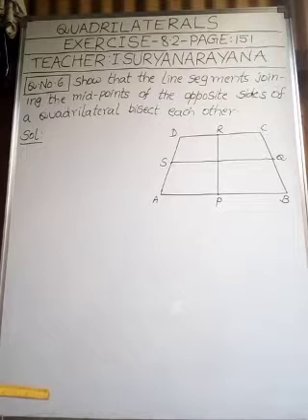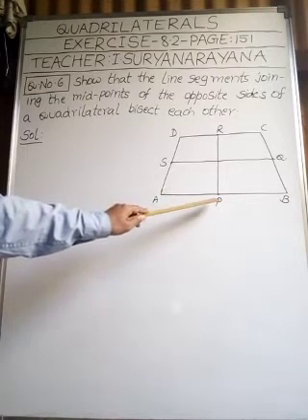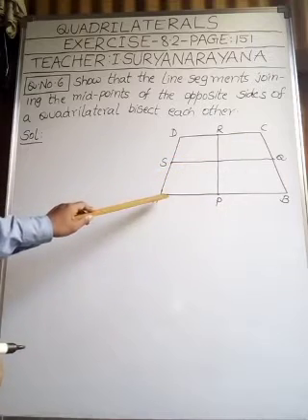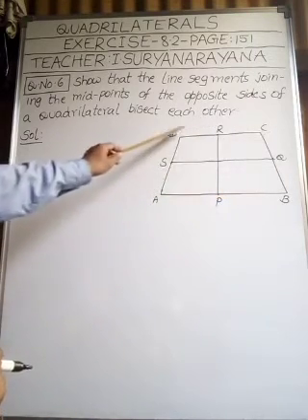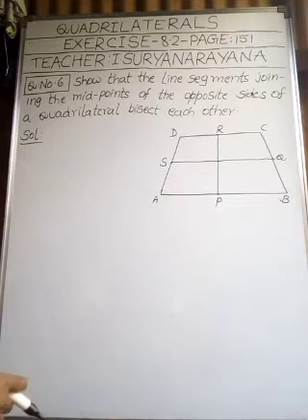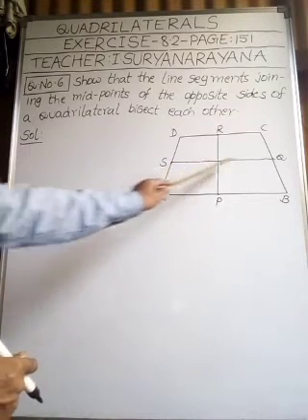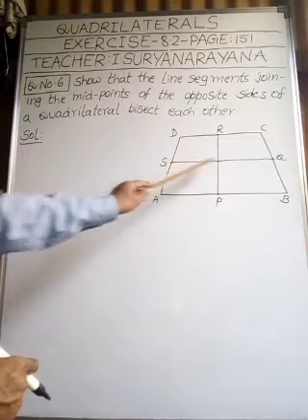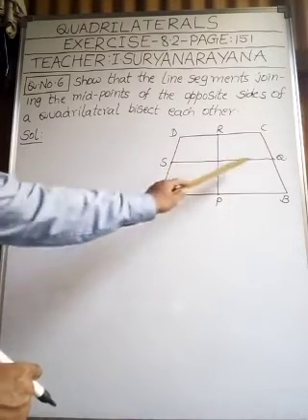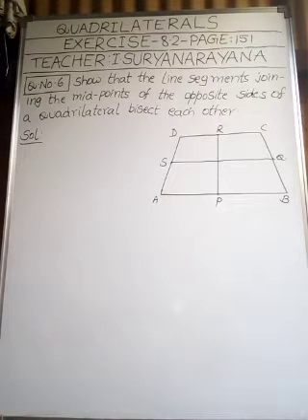In this quadrilateral, let us assume that P, Q, R and S are midpoints of the sides AB, BC, CD and AD respectively. Now we have to prove that these two lines SQ and PR bisect each other.